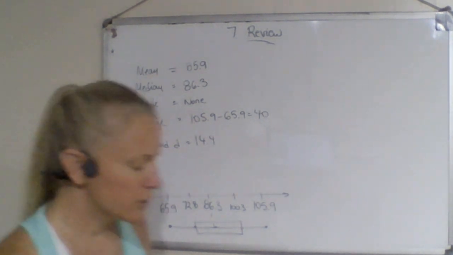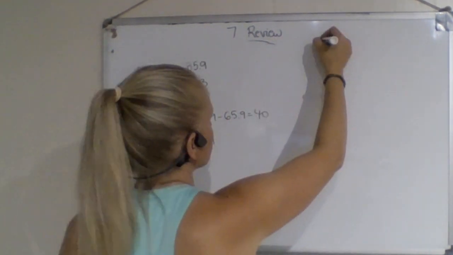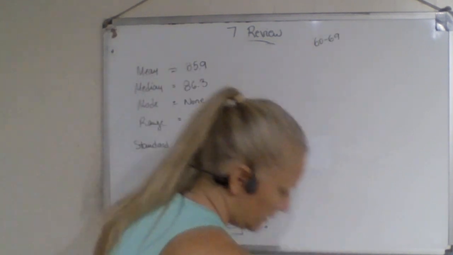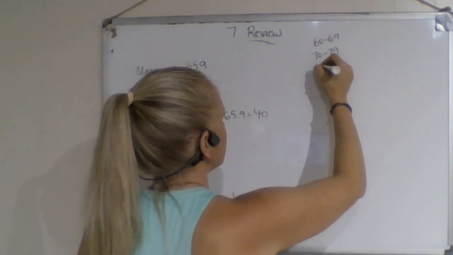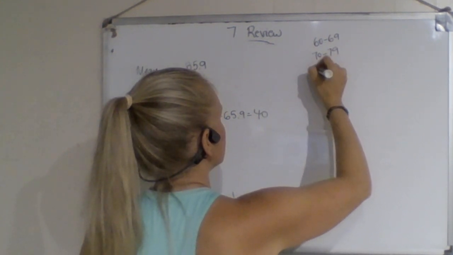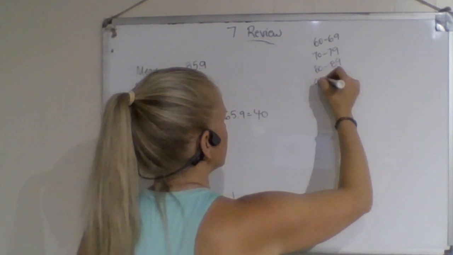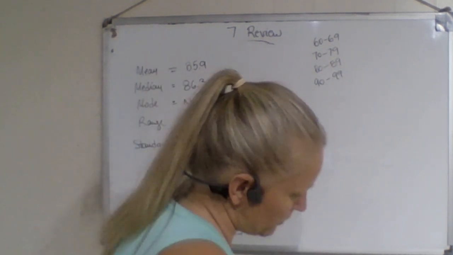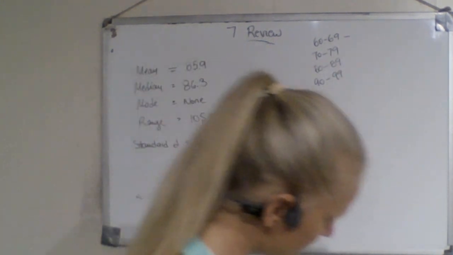Okay, histogram. In this case, we're going to go from 60 to 69, from 70 to 79, 80 to 89, and 90 to 99. We're going to see how many numbers do I have in between 60 and 69?